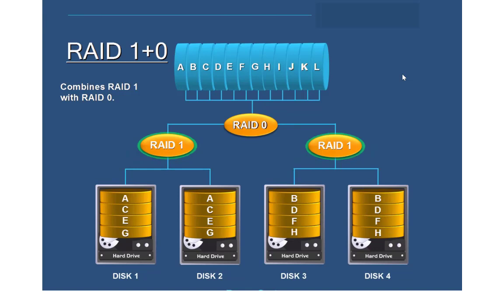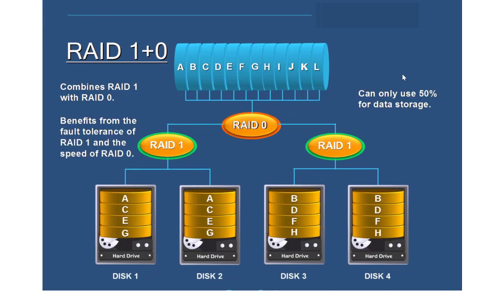Now in RAID 1 we have 2 disks mirroring each other, so the same data is written from disk 1 to disk 2, and likewise disk 3 to disk 4. In this way we get the speed of RAID 0 and the safety of RAID 1, taking the benefits of the fault tolerance of RAID 1 and the speed of RAID 0.